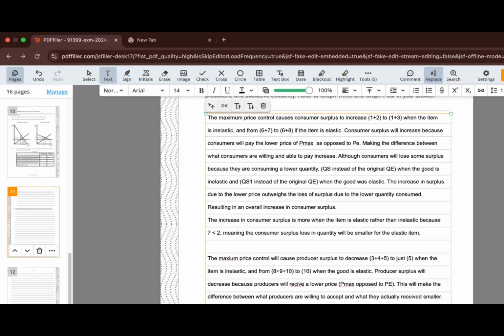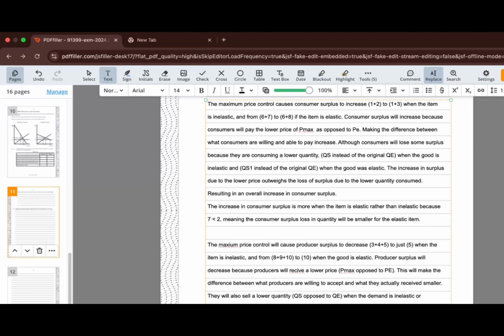Yep, when the demand is inelastic. Or I'll just go into a new line. QS1 as opposed to QE when the demand is elastic. This gives them fewer units of which to gain a surplus.